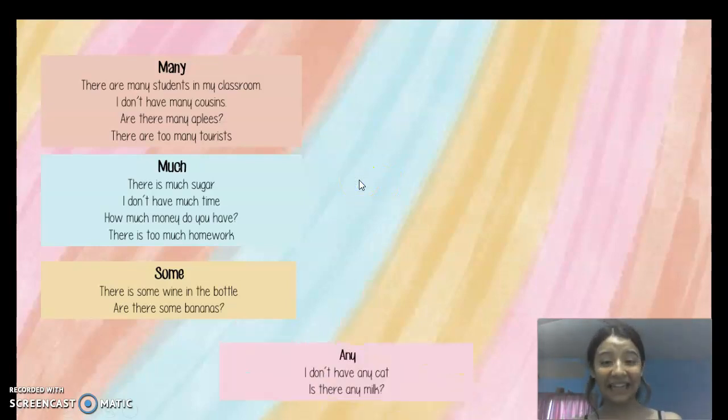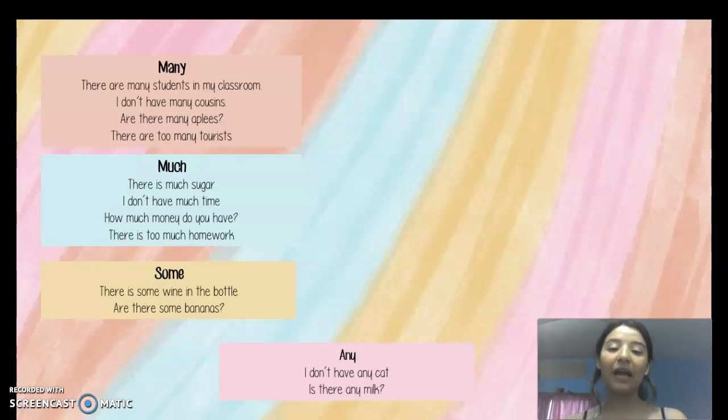Now, any. We use any with both countable and uncountables. We cannot use it to make affirmative sentences. We can only use it to make negative and interrogative sentences.